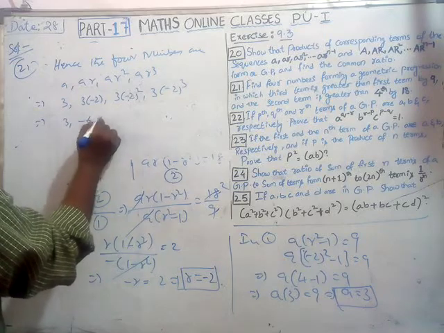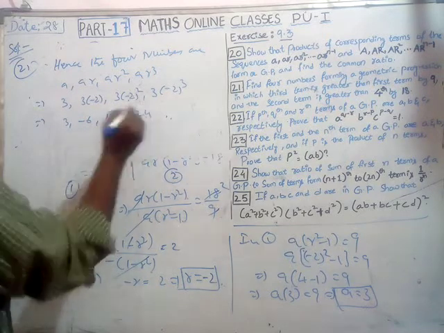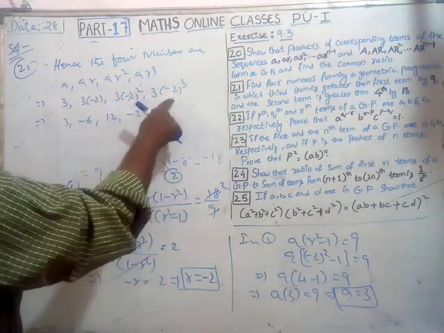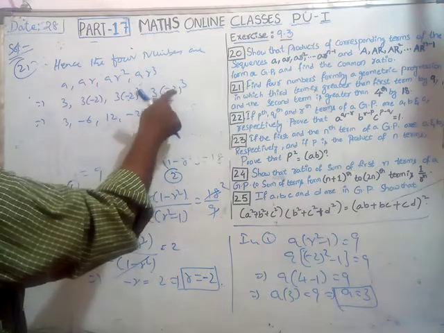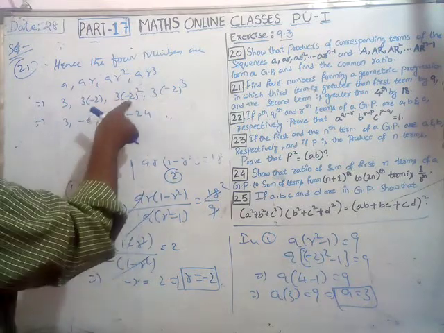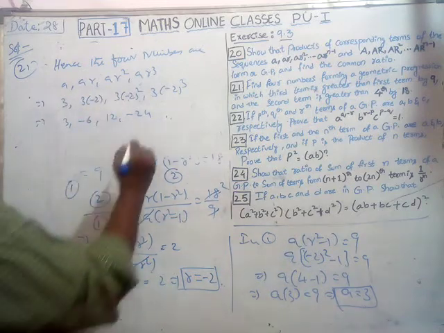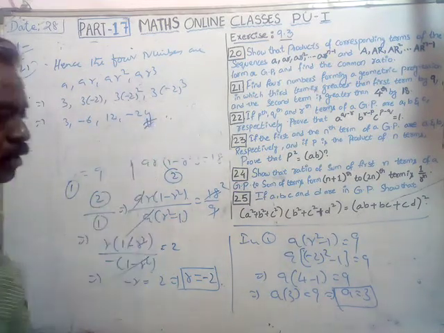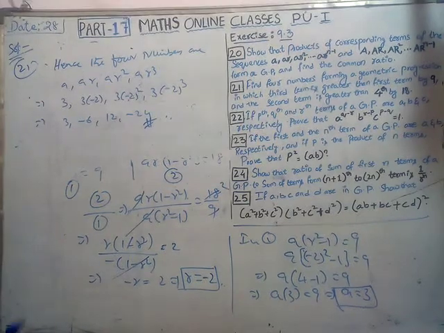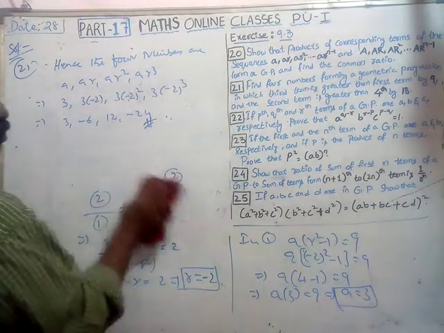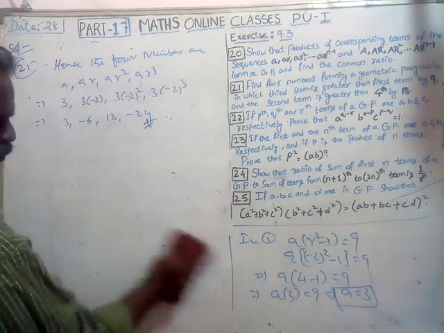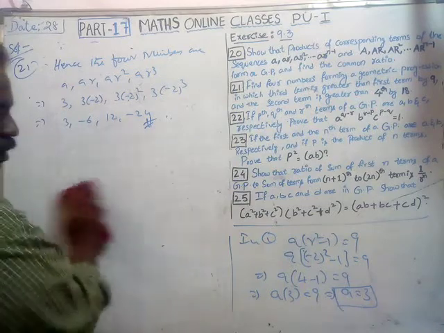That is 3, minus 6, 12, minus 24. Minus 2 cube is minus 8 into 3, minus 24. Minus 2 square is plus 4, 4 into 3 is 12. So these are the required four terms. Okay?